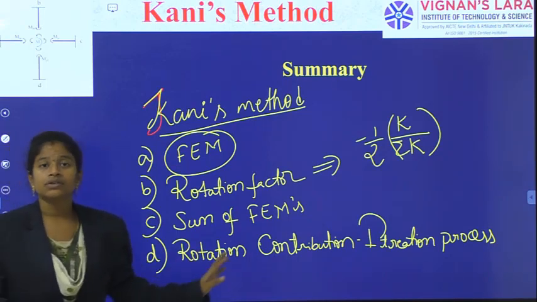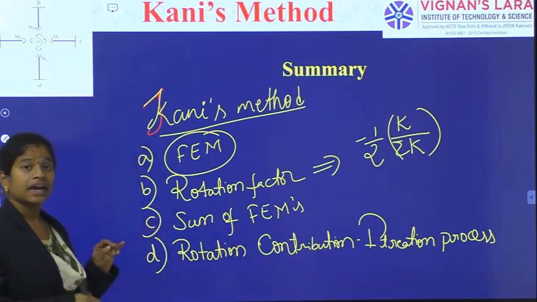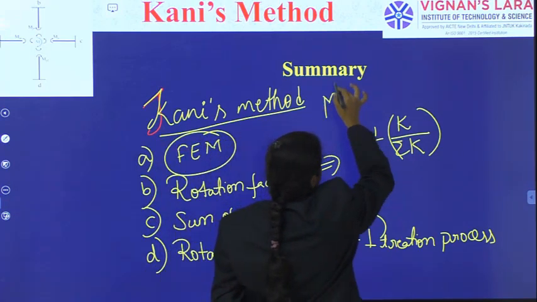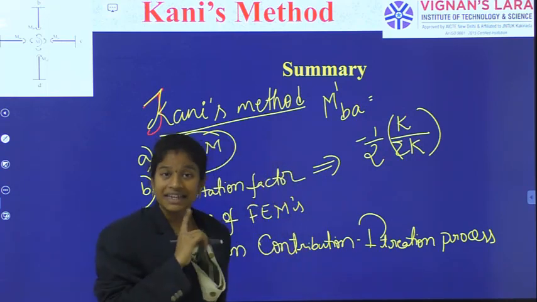And later we will start with one joint, and for any joint there is a formula. M'BA, the rotation contribution at the near end.